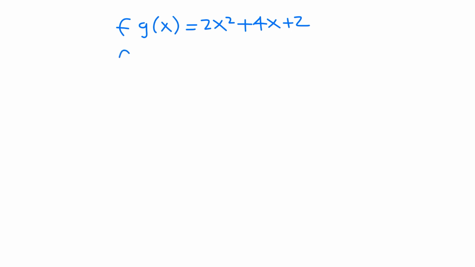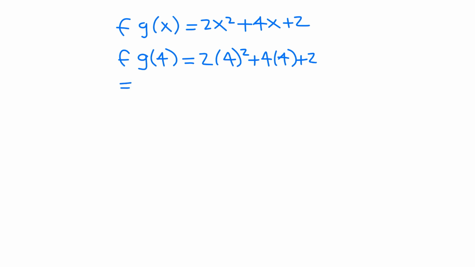So we've got our answer to the previous part, which was fg of x equals 2x squared plus 4x plus 2. And we now want to evaluate this entire expression when the input is 4. So again, we're just going to replace these x's with 4's. And so we've got 2 times 4 squared plus 4 times 4 plus 2.